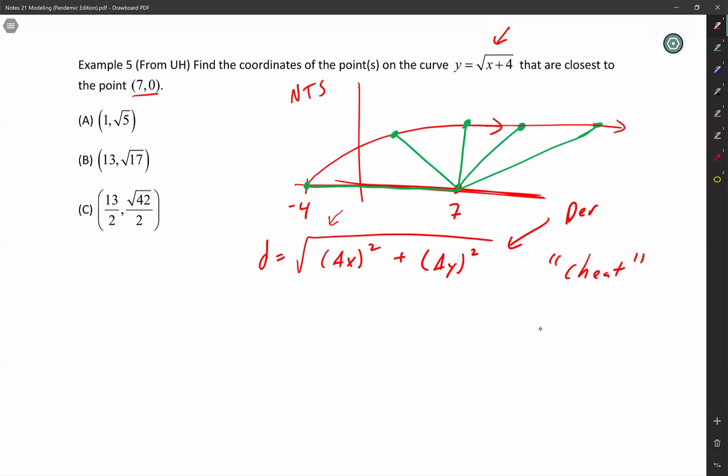So I'm going to write the word cheat, and I'm going to say, this is what I want to minimize. That way we don't have to do crazy chain rule. Cool or not cool? All right.